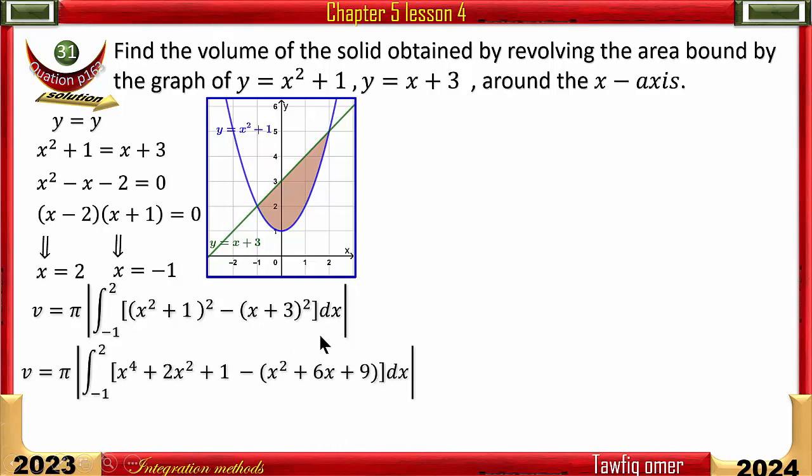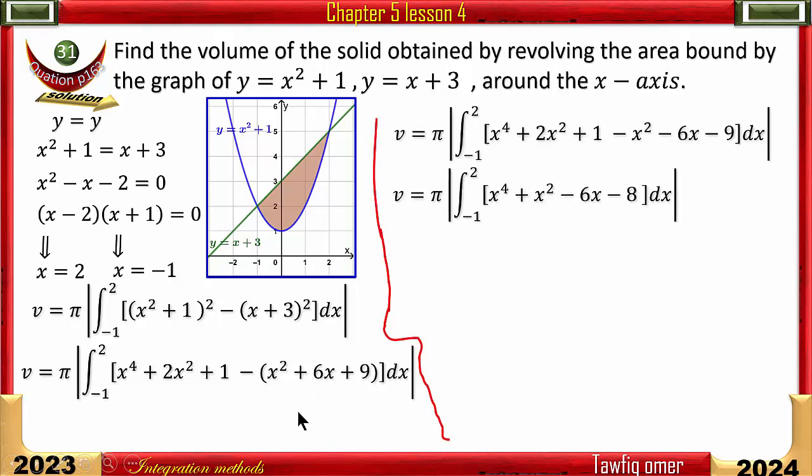Opening these two brackets, it becomes x to the power 4 plus 2x squared plus 1 minus this one, which becomes x squared plus 6x plus 9. Simplifying, the volume is equal to pi times the absolute value of the integration from minus 1 to 2 of x to the power 4 plus x squared minus 6x minus 8 dx.